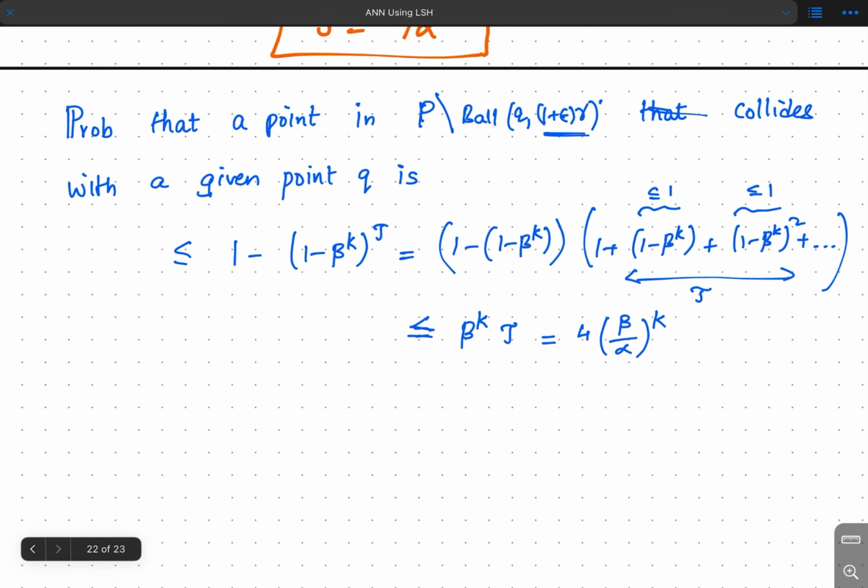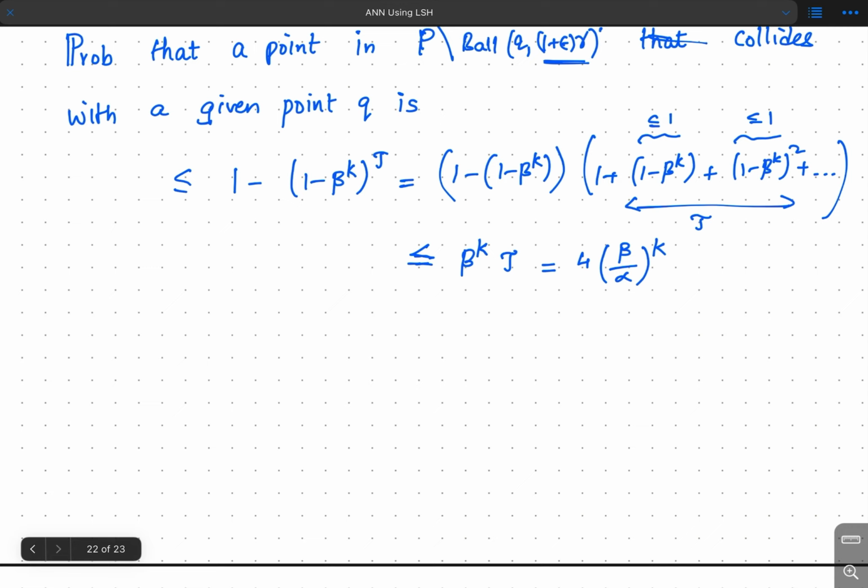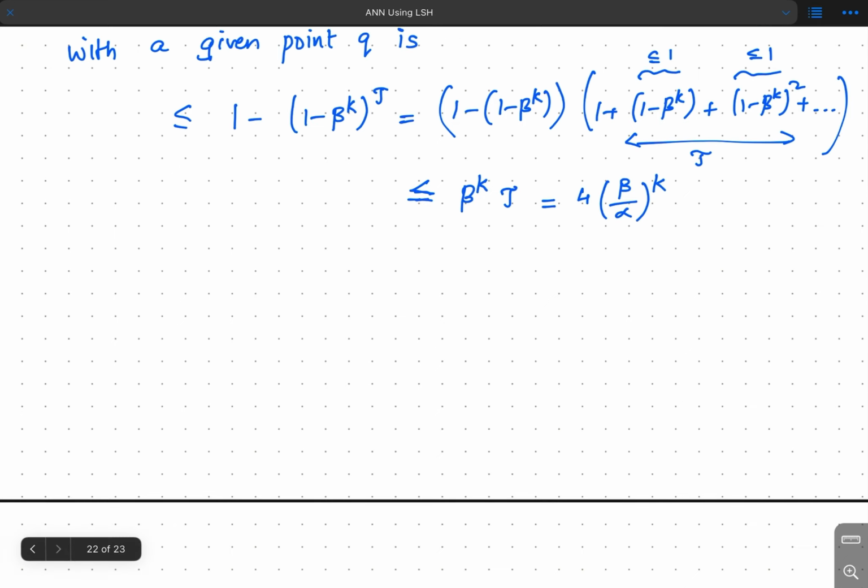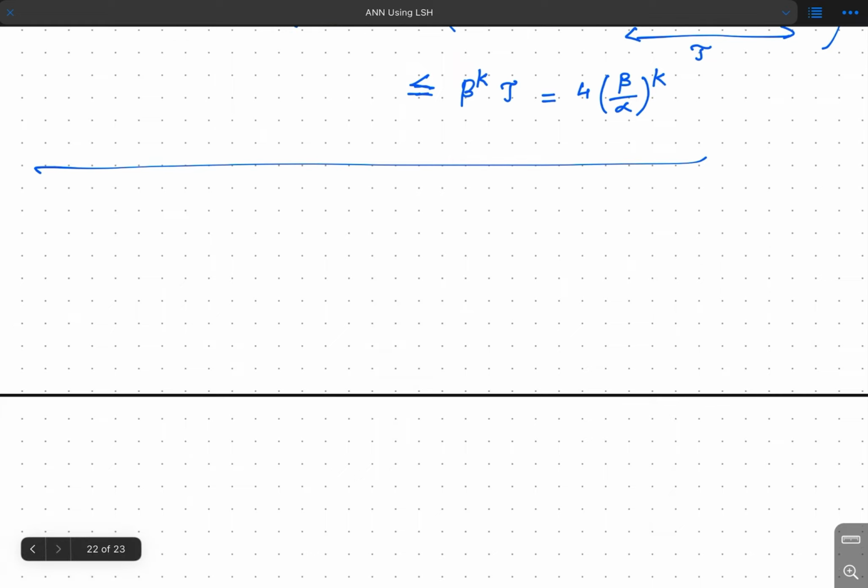So now this is the probability that two points which are at a distance of at least 1 plus epsilon times r apart collide. With this probability, we can compute the query time.